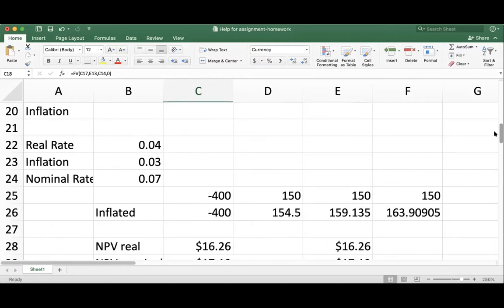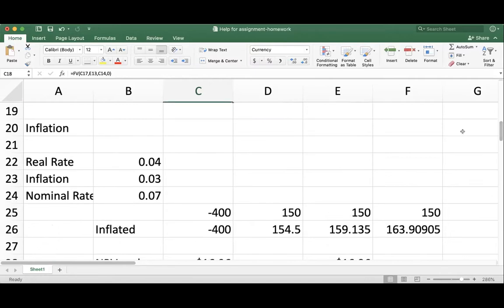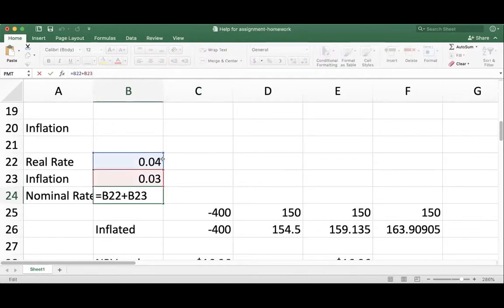Okay, then the inflation thing. We are having a bit of confusion about the rates. So again, I want to remind you that the nominal rate is the sum of the real rate plus the inflation.